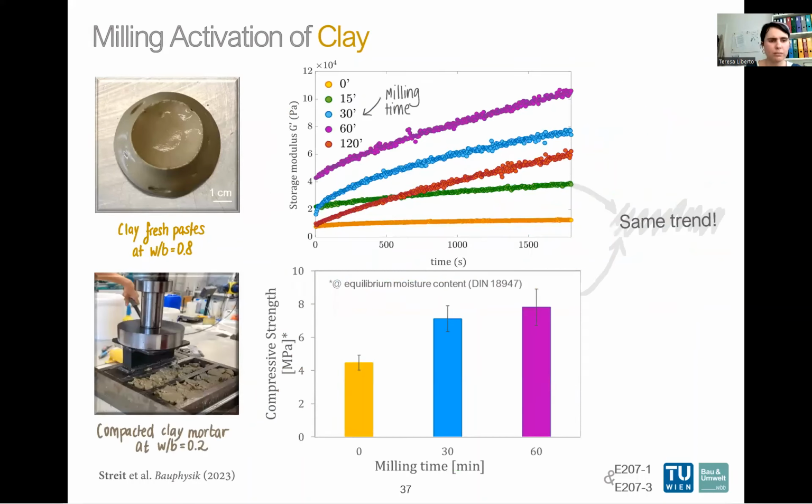Then we made some compacted clay mortar at a lower water to binder to avoid shrinkage, as you can see here in the picture. And we measure the compressive strength as a function of the milling time at equilibrium moisture content. And as you can see, we have the same trend. So raw clay, after 30 minutes and after 60 minutes, rheology and mechanical properties match.